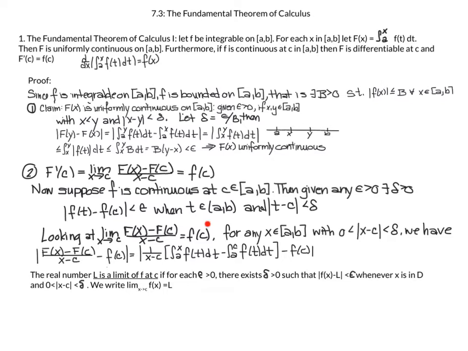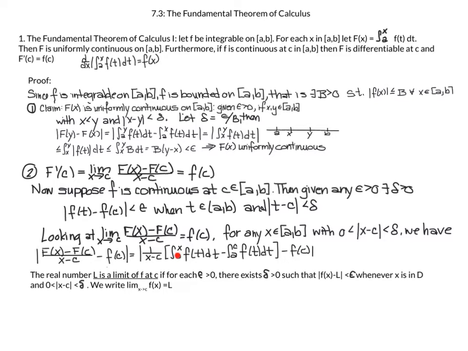So for every epsilon, I need to find a delta that can make f of x minus L, this f of x minus my limit, less than epsilon. So I'm going to look at f of x minus L, which I've rewritten here, and I've pulled out the x minus c from this part, and I use the definition of capital F of x and capital F of c, which I get up here from my fundamental theorem of calculus.